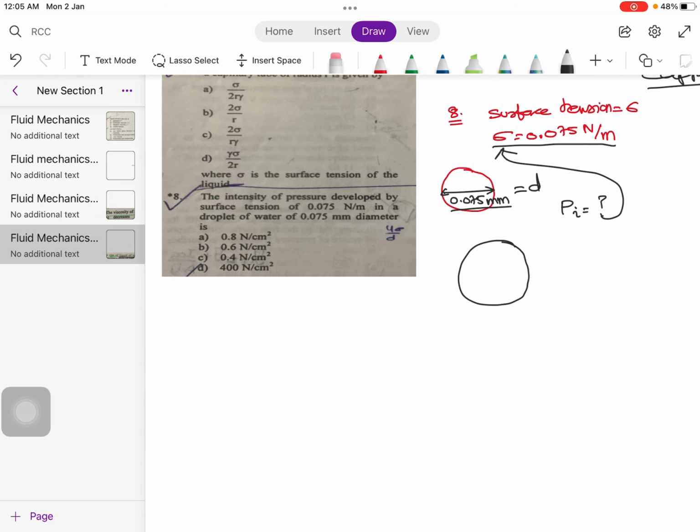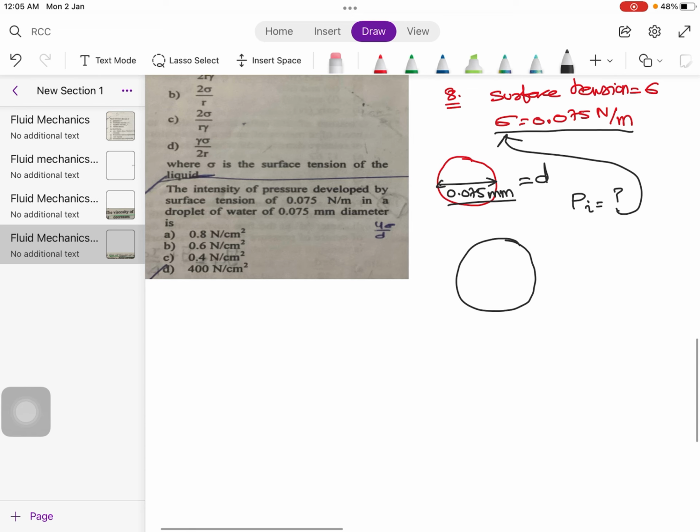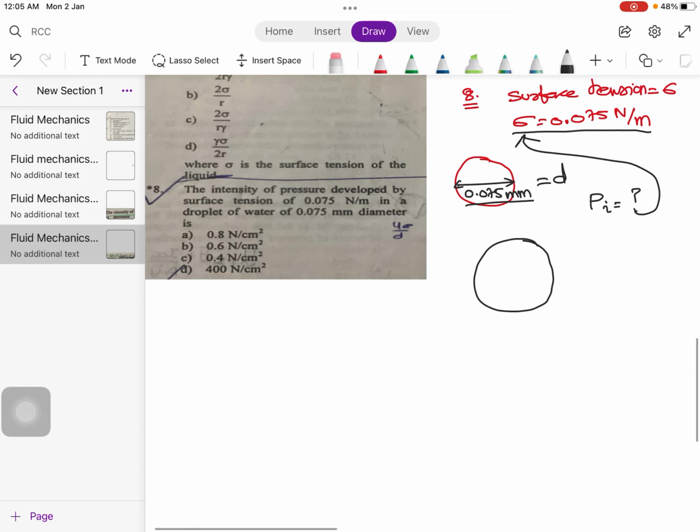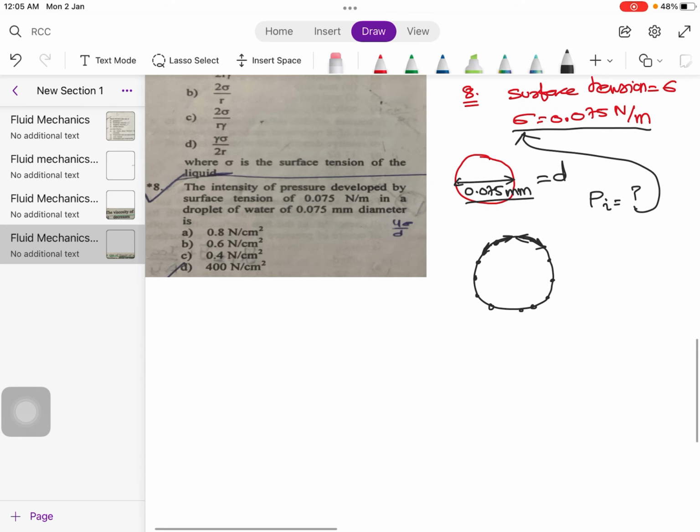A droplet of water is spherical in shape due to the surface tension. That means all the molecules on the surface of this water droplet are attracted towards each other, which makes it act like a stretched membrane.